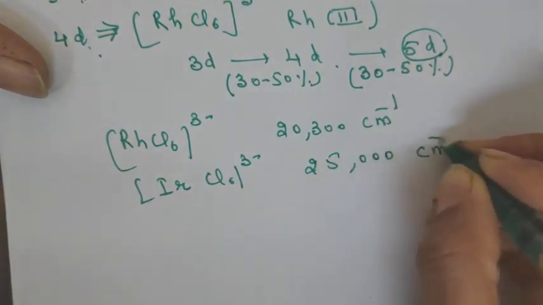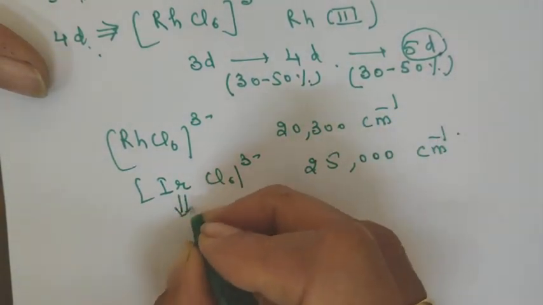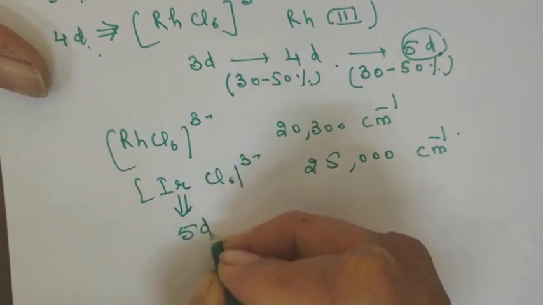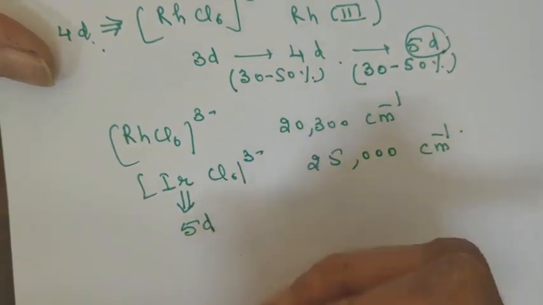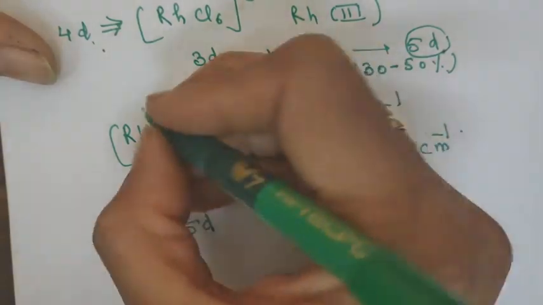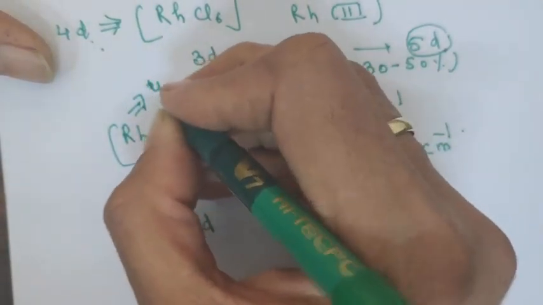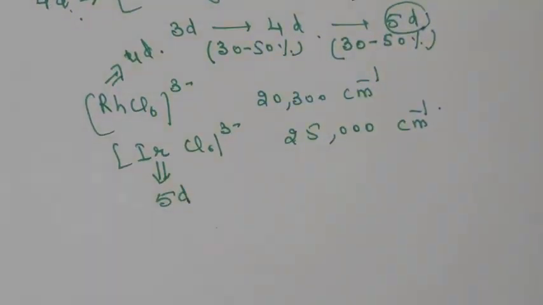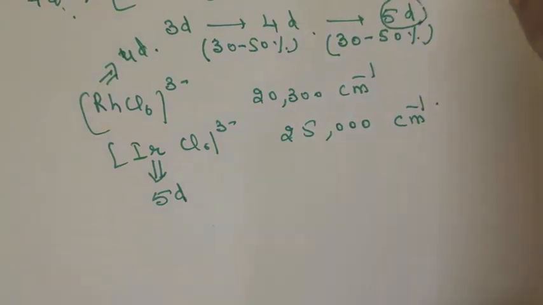What is the reason? The reason is that iridium belongs to 5D series. These are present in the same column, same group. Rhodium belongs to 4D series. So whenever you move from 3D to 4D series, 4D to 5D series, there is a 30 to 50% increase in the value of crystal field splitting.